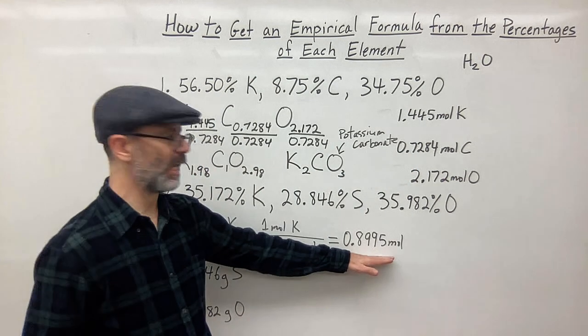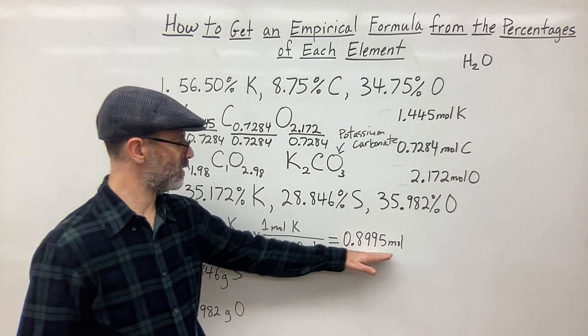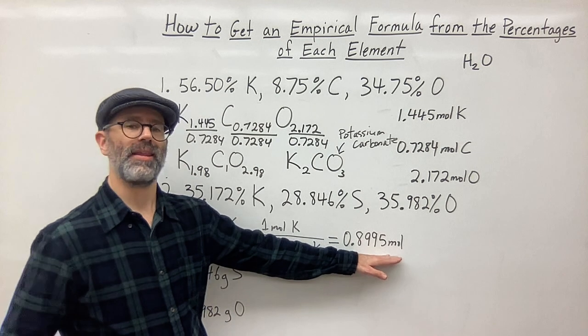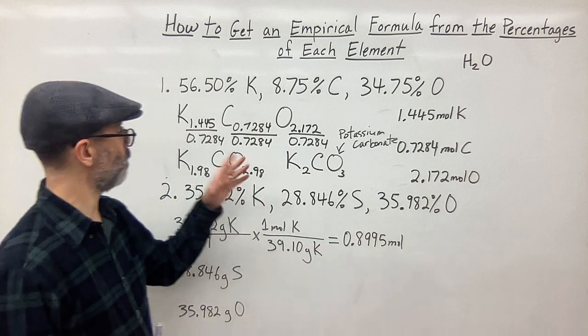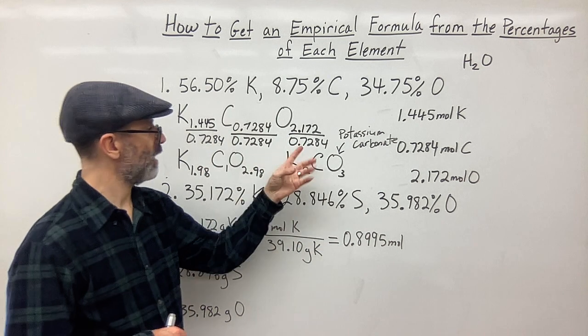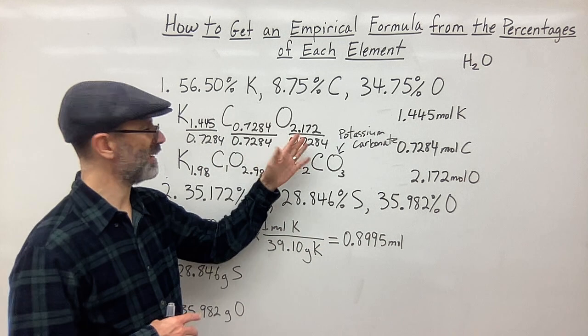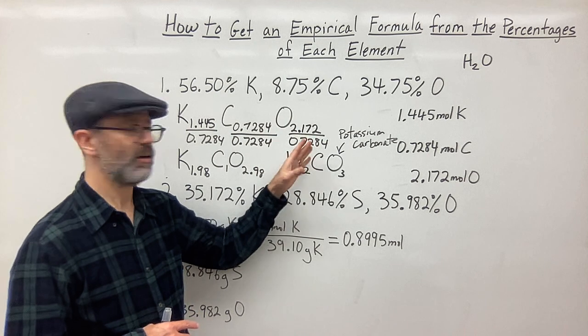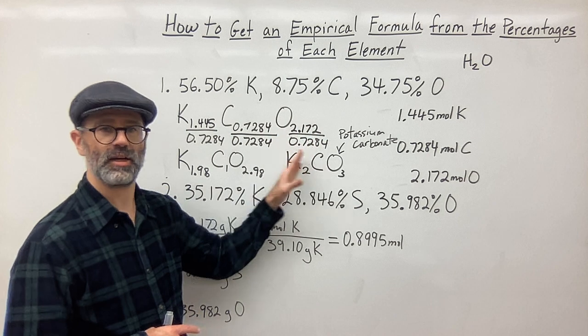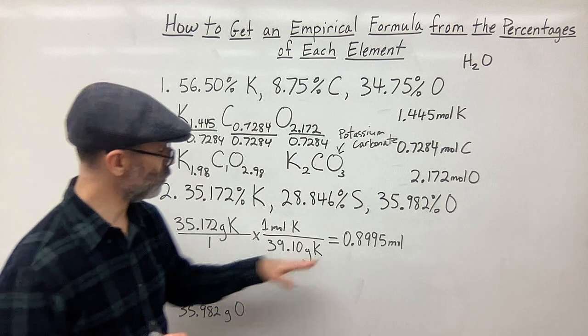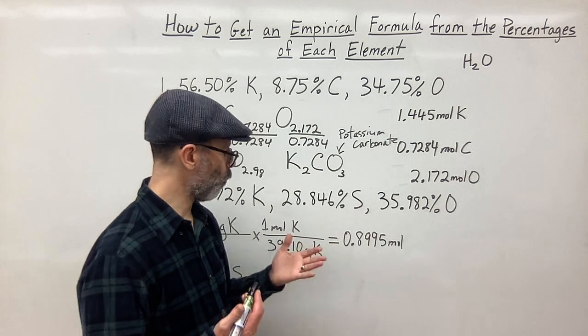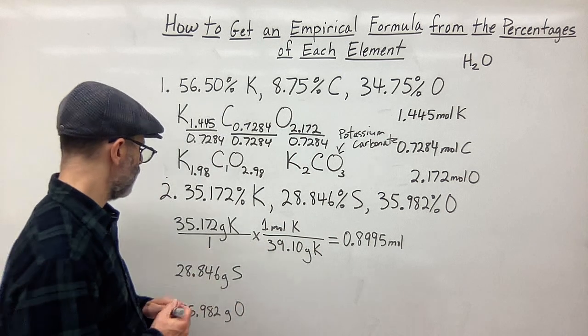You'll notice that I keep about 3 or 4 digits after the decimal. That's because I don't want to run into a rounding error, because I'm going to be dividing these numbers, and if I round too much, I might have the subscripts off by a little bit, and I want to avoid that issue. So I usually keep about 3 or 4 decimal places.